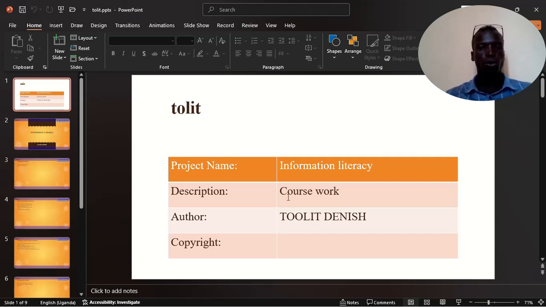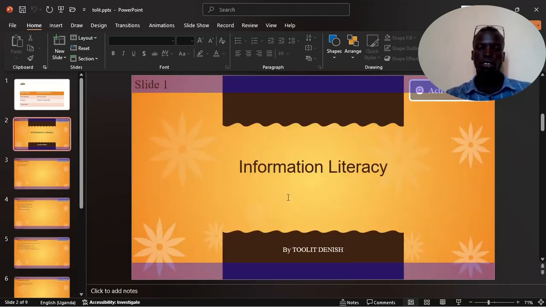we'll be looking at what we call information literacy, which is a question itself, and we shall be gaining basic knowledge. This will help us to get the information from the sources.